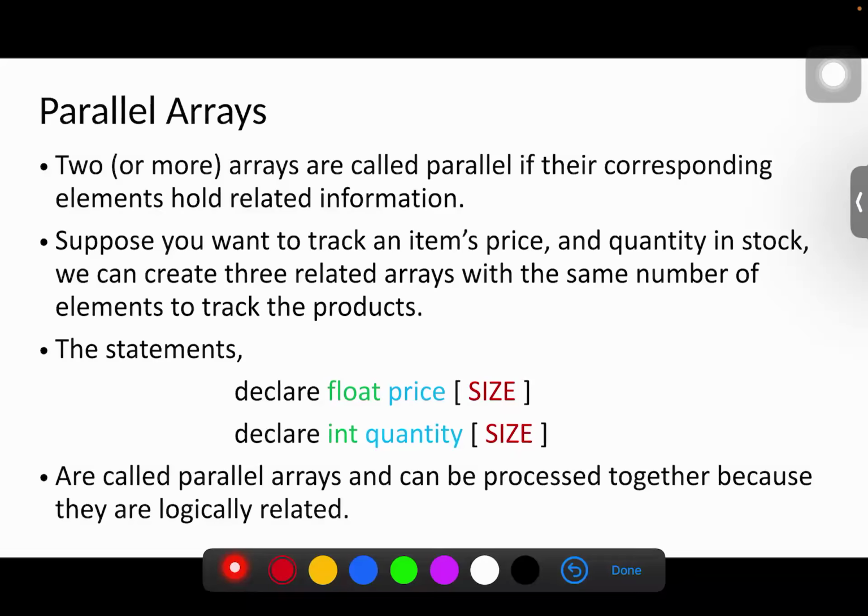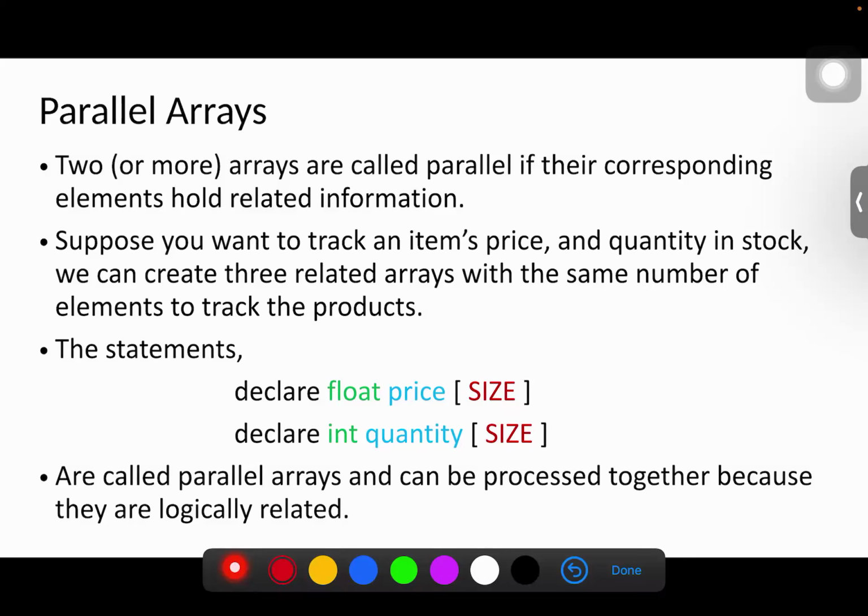So basically, parallel arrays are two arrays which have related information. Like I was saying earlier, you have names and prices. So you have maybe pepper, 2 cedis, onion, 5 cedis, tomatoes, 10 cedis, that kind of thing.